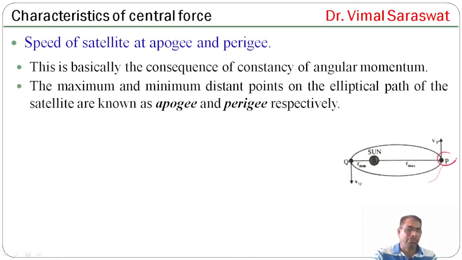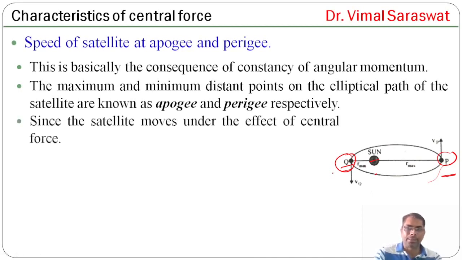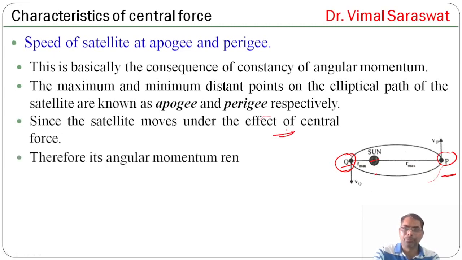Since P is the point at the maximum distance from the Sun, this is our apogee, and Q is the point at the minimum distance from the Sun, so this is our perigee. Since the satellite moves under the effect of central force, its angular momentum always remains constant.